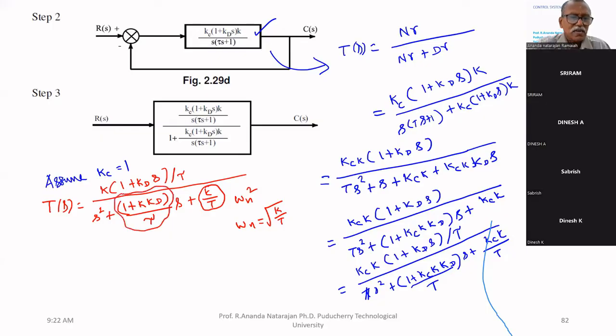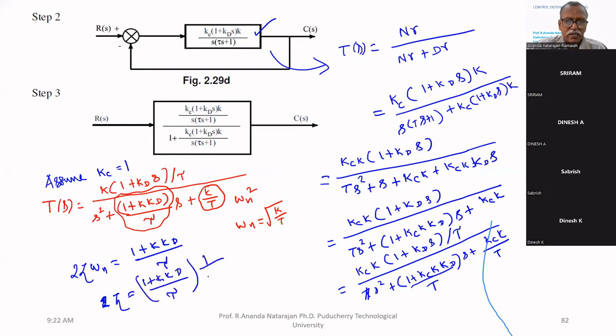If you see, 2 zeta omega n equal to 1 plus K KD upon tau, or zeta equal to (1 plus K KD upon tau) times 1 by 2 omega n.